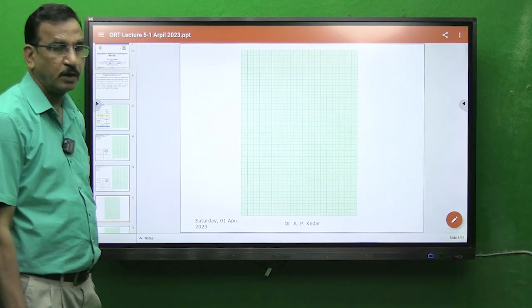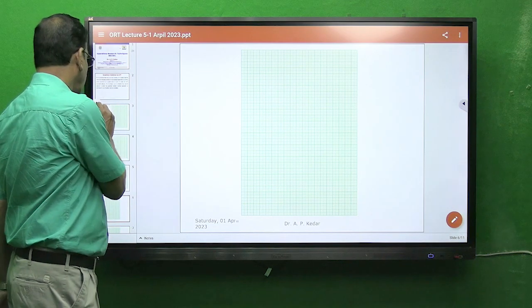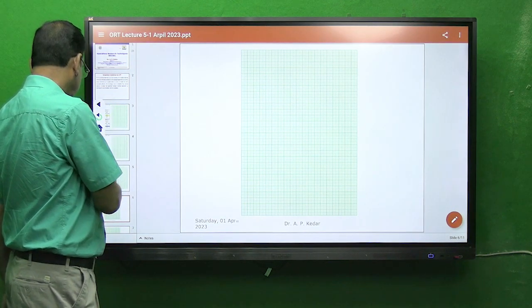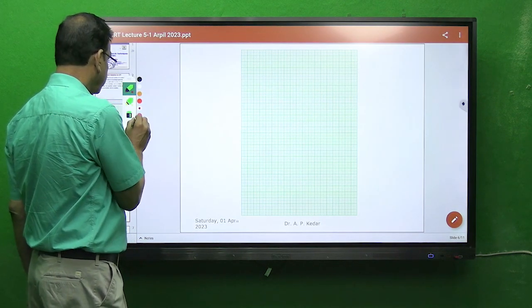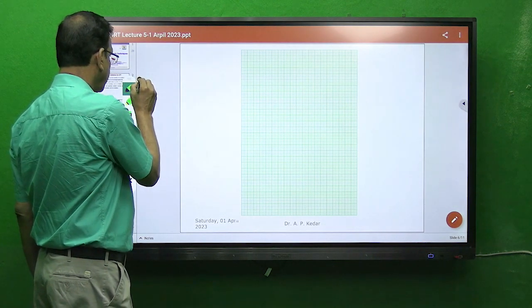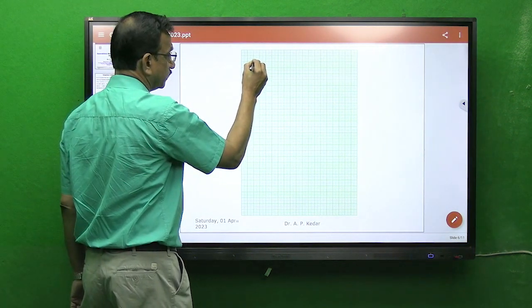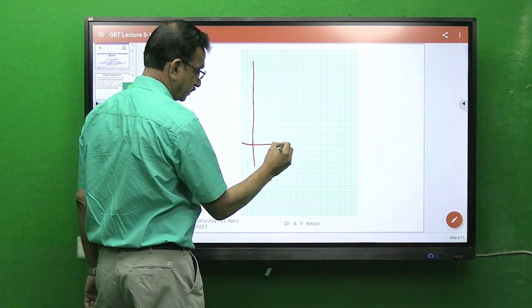Now here I have kept this graph to explain the concepts. Suppose I plot this axis, this is axis, this is axis.